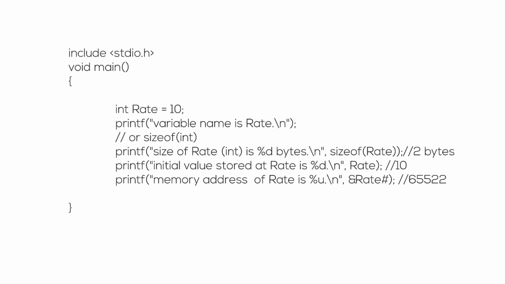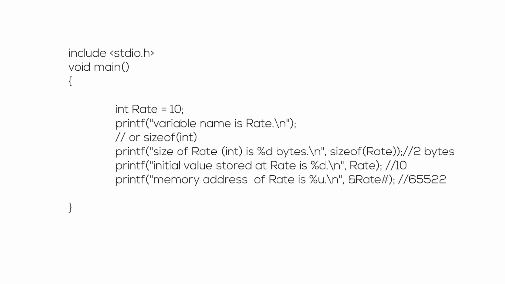Here the sizeof function is used to print the size of this integer variable, which is 2 bytes. At the last we are trying to print the initial value of rate, and we are using %d and simply putting the rate variable. So this statement will print the value of rate. At the last we have used memory address of rate is %u. %u is used for unsigned integers, and we have used the & sign with rate. This will print the address location where this variable is stored. Here we have 65522, which is the memory address of this rate variable.